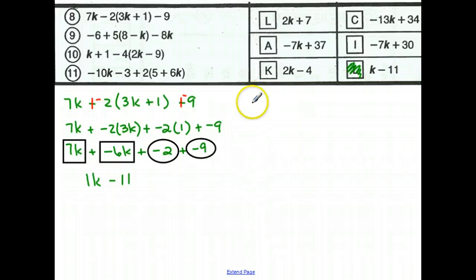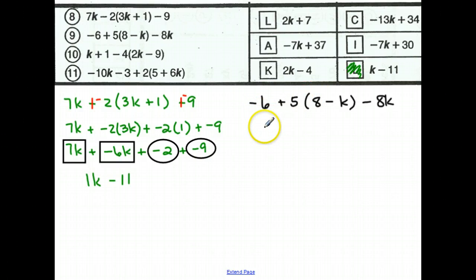Number 9, we have negative 6 plus 5 times the quantity 8 minus k, minus 8k. Again, I'm going to go through and rewrite using same change change. I'm only going to use that where I have subtraction. So the first place I see subtraction is in here.